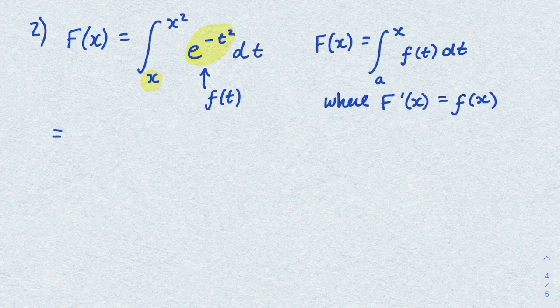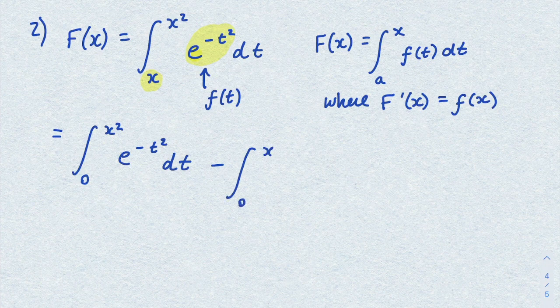So we can rewrite this integral as the integral from 0 to x squared of e to the power of minus t squared, and we're integrating that with respect to t, and then we're subtracting the integral from 0 to x of e to the power minus t squared. And again, we're integrating this with respect to t. Okay, it's a very similar concept to what we used in the previous example.